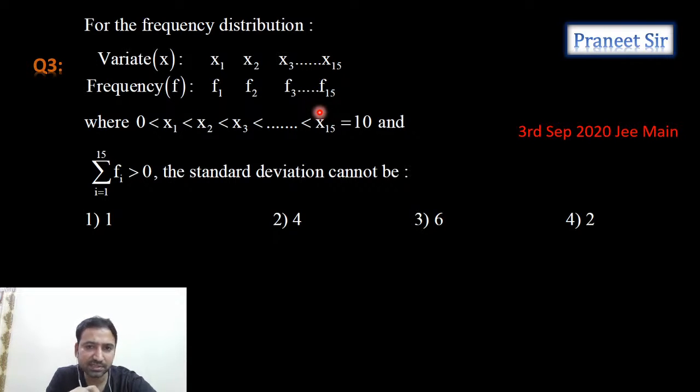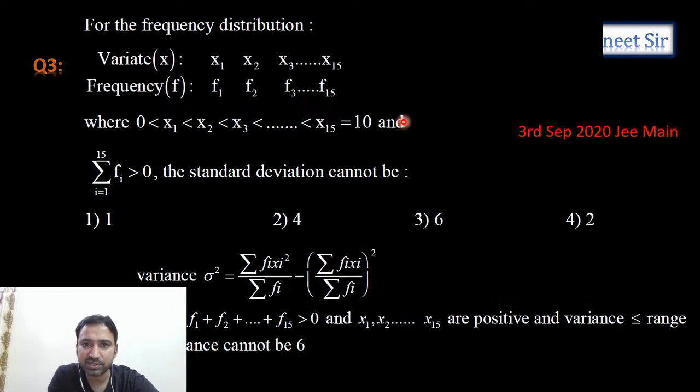Incomplete, correct, na, Manas? The question is incomplete as it is a recent question. So maybe there are some typing mistakes. Okay, let's leave this question, guys. Let's see the solution so that we'll get the idea. Okay, range is equal to 10. Why? Because even the range we can't calculate. Okay, let's leave this question and move to the next one, guys.